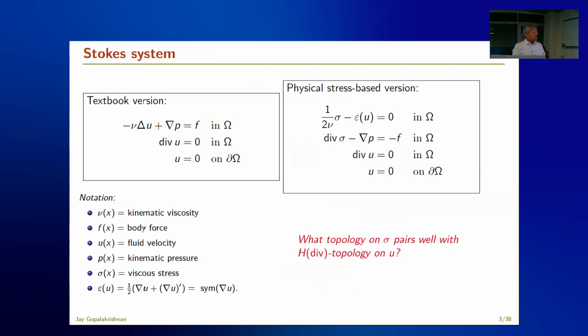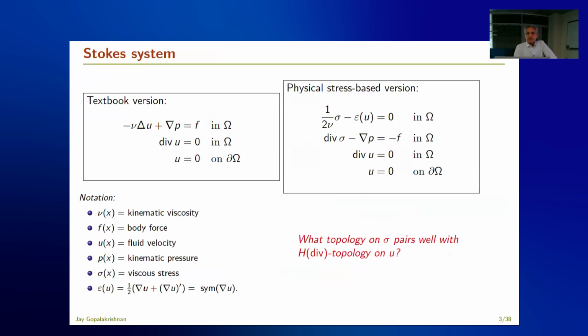So the application of this curl-div operator comes from the Stokes system, although as you can see from the Stokes system, you don't see the curl-div operator emerging from the statement of the equations. Here the first box consists of the textbook version of the Stokes system, where the kinematic viscosity is usually a constant, and it's taken out of the Laplace operator.